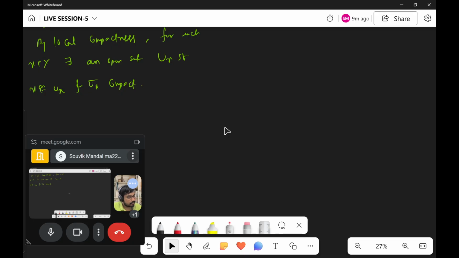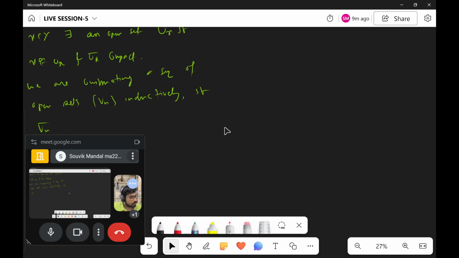Now we are constructing a sequence of open sets Vn inductively such that the closure of Vn is compact and Kn prime is a subset of Vn.